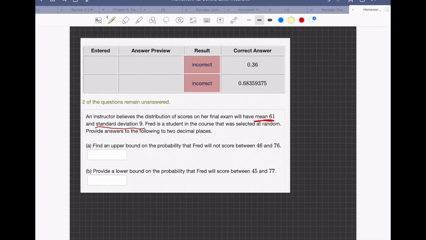First, here we have to define a random variable.